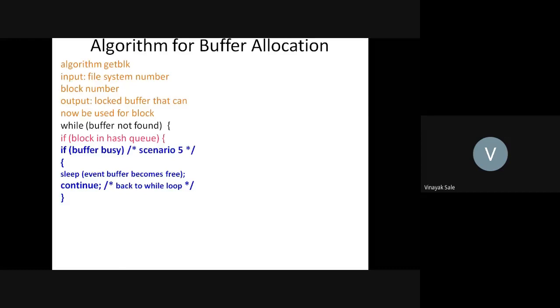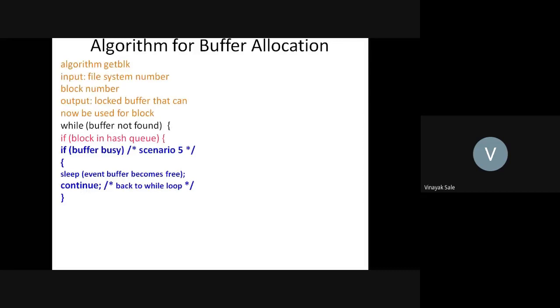So if the buffer is busy, then the kernel goes to sleep mode, waiting for the event that the buffer becomes free, and then continues. So it goes back again to the while loop, and it will check whether the buffer is not found.